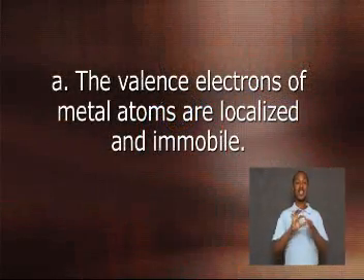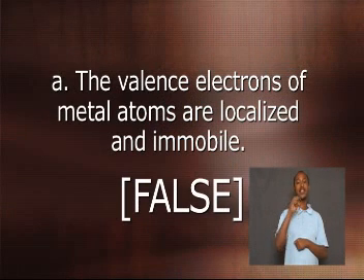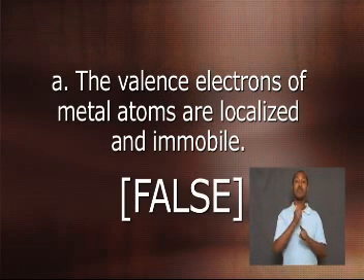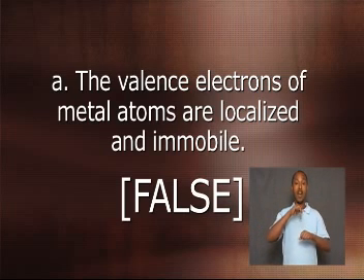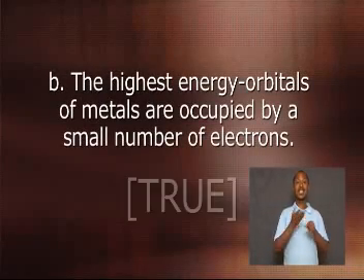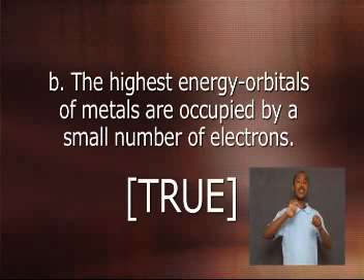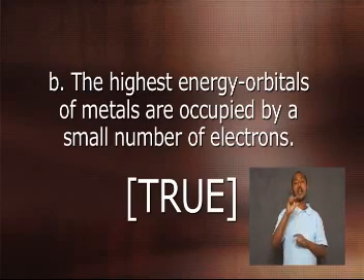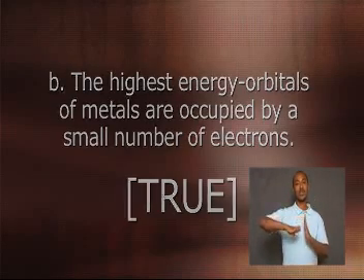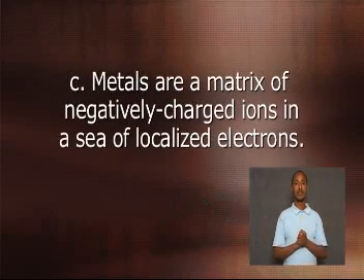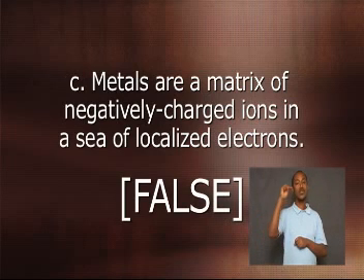Sentence A is false. The valence electrons of metal atoms are delocalized and mobile. Sentence B is true. The highest energy orbitals of metals are occupied by a small number of electrons. Sentence C is false.